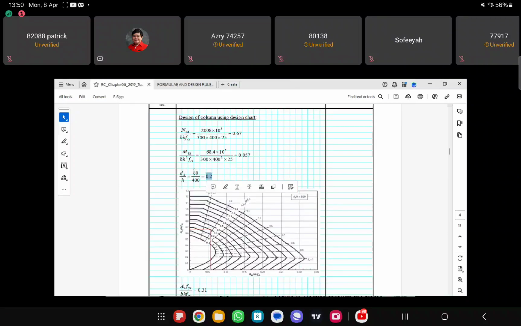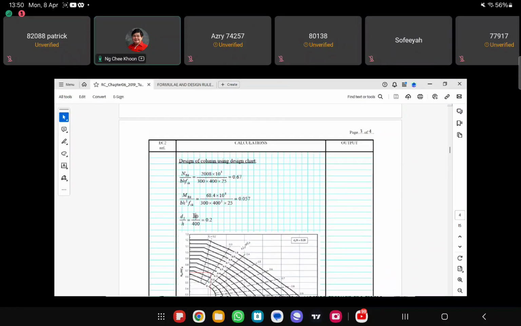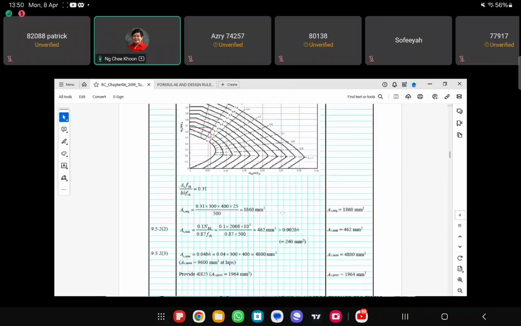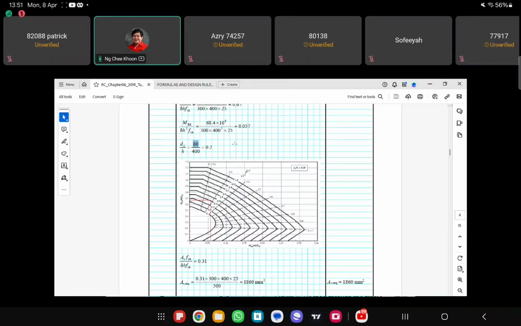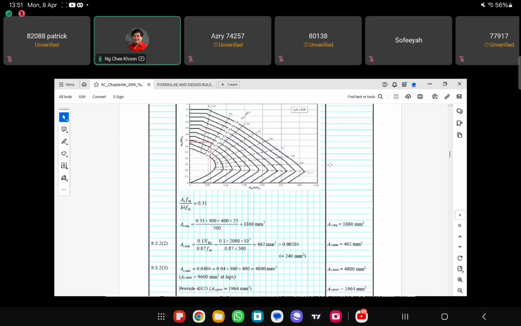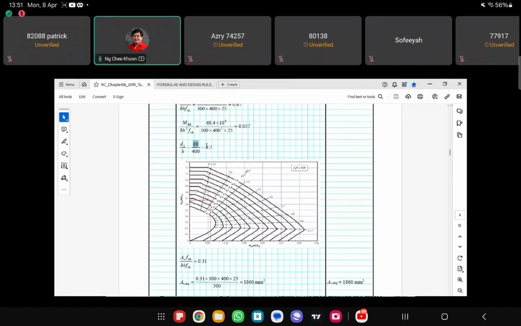So this D2, as I mentioned just now, normally is the cover plus the link diameter plus half of the longitudinal steel diameter. But in this case, I did not calculate, I just assume that it's 80. If you need to calculate based on the cover plus the diameter, then you need to calculate that. So now I know D2 over H is 0.2.